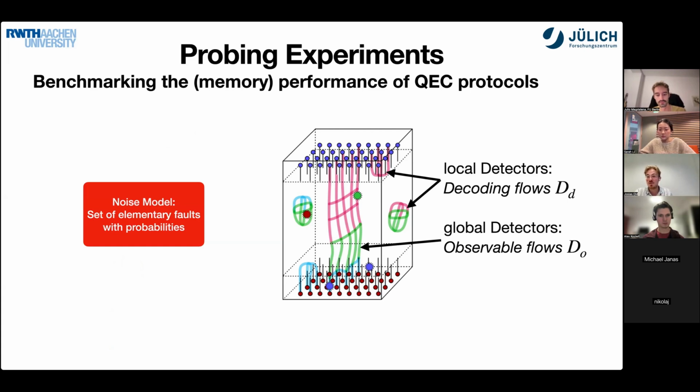And then for me, the fault distance is just independent of space and time. I look at this full thing and I place faults with growing weight. And whenever I have the smallest weight of faults that I can place such that they are not detectable, but flip the logical, so that all the decoding flows evaluate to 0, but some observable flow evaluates to 1, that would be the fault distance for me.